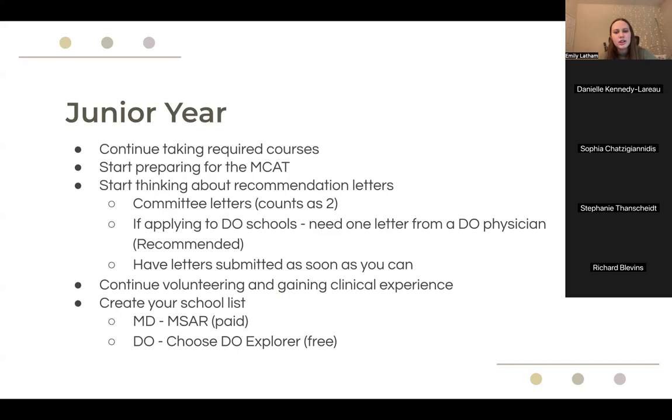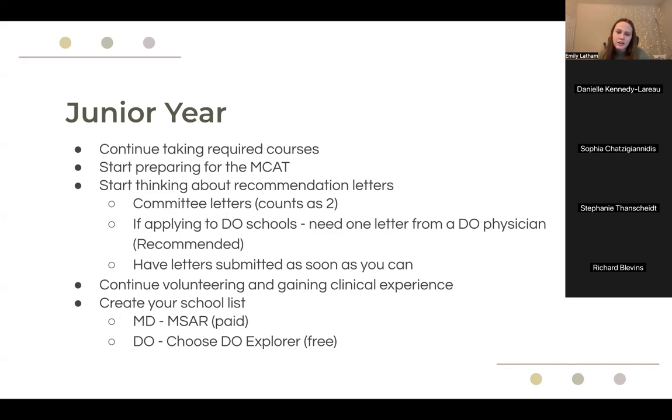And then continue volunteering, gaining clinical experience, and create your school list. It's a good time to figure out what schools you want to apply to and what you're interested in, and there are a couple of ways to do that. There is a website called MSAR that you do have to pay for, but it has a lot of information about pretty much all the med schools, and it can provide details about what schools are looking for.